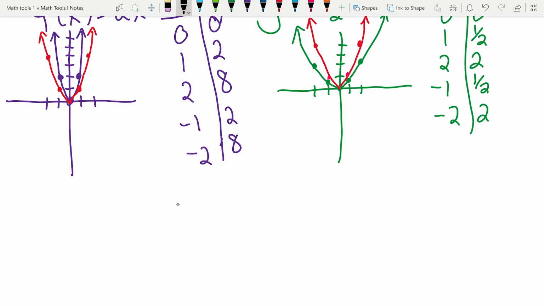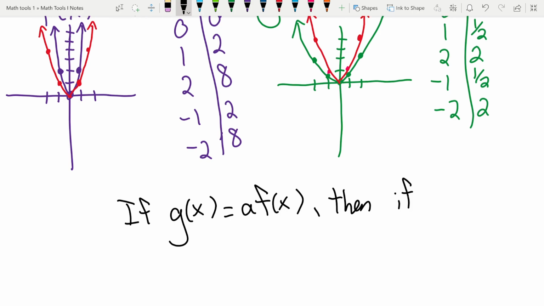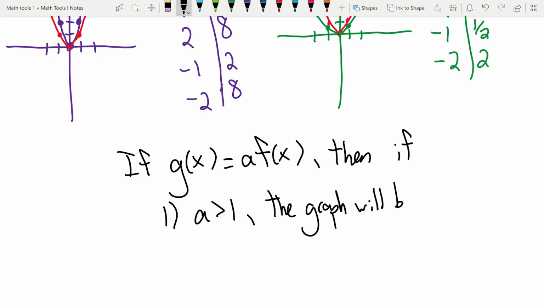So in general, if g of x is equal to a times f of x, then let's say case 1, if a is greater than 1, the graph will be stretched, okay, vertically.